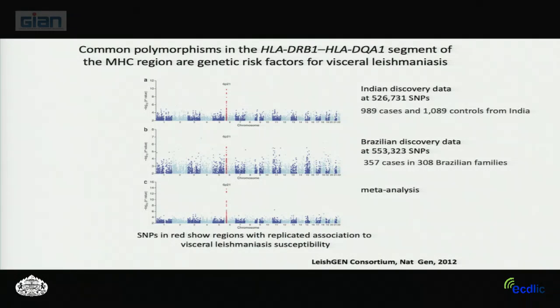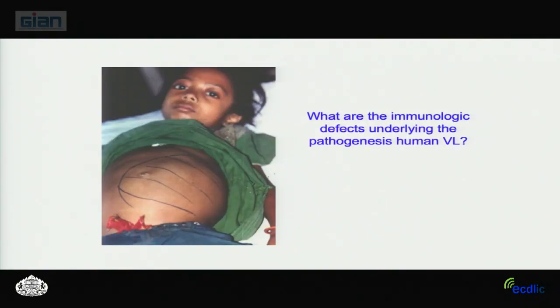So that needs to be followed up in terms of just what mechanistically this HLA locus is doing to confer this risk. So that's the other really important study that has been done over the past half a dozen years or so.